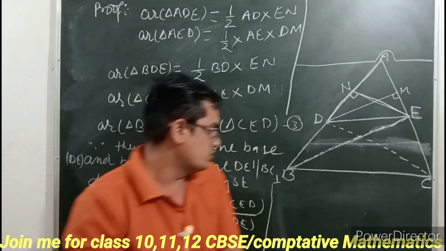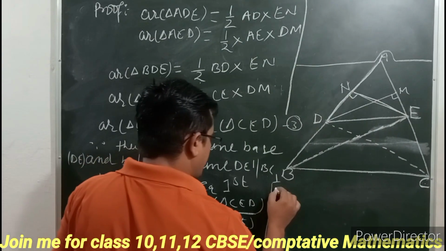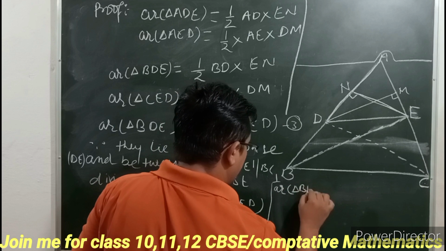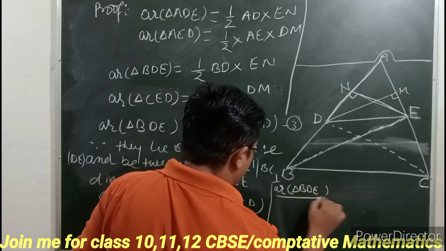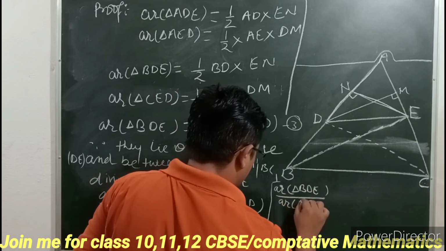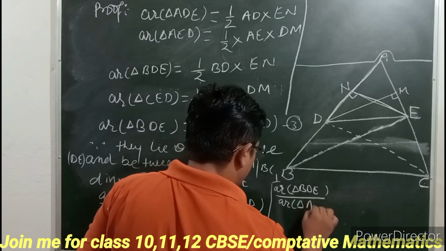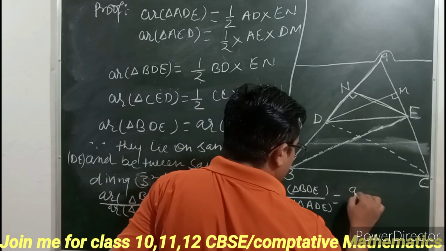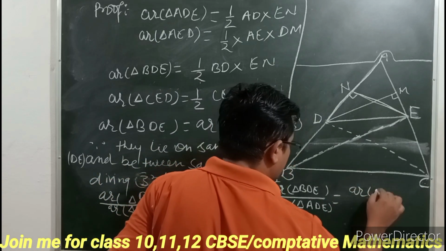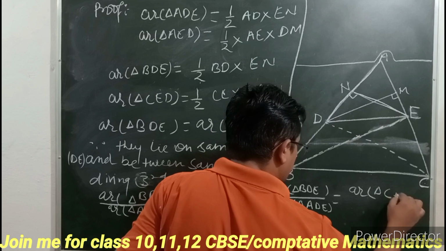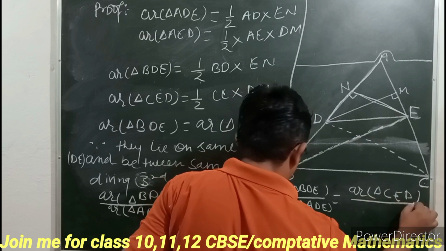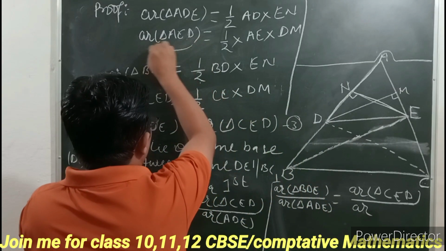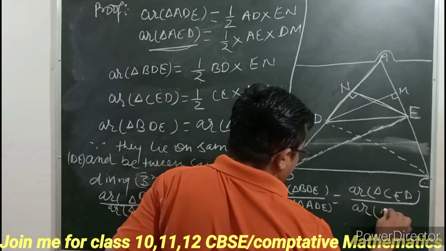Friends, we can also write here area of triangle BDE upon area of triangle ADE equal to area of triangle CED upon area of triangle AED, in this cyclic form.